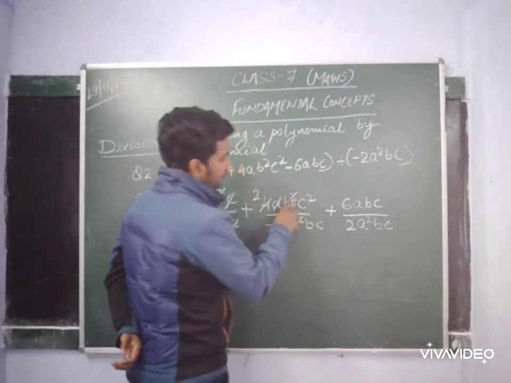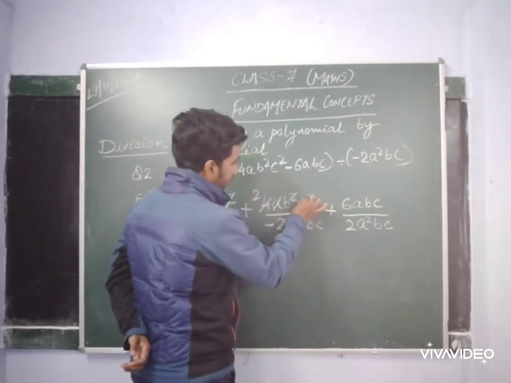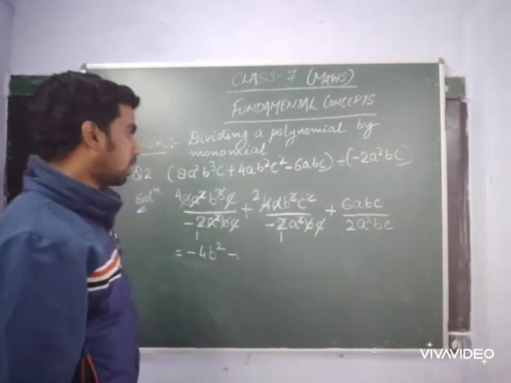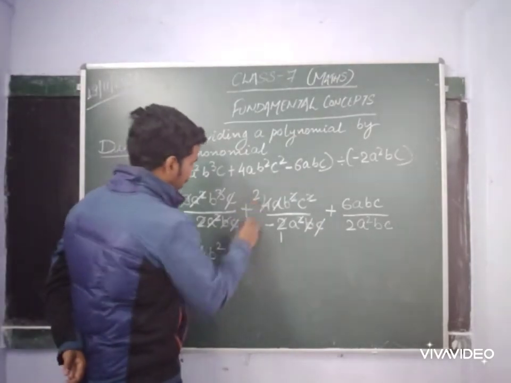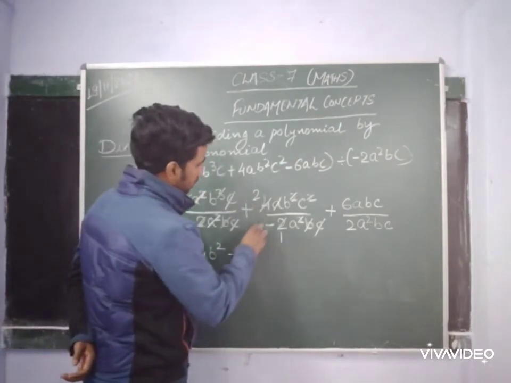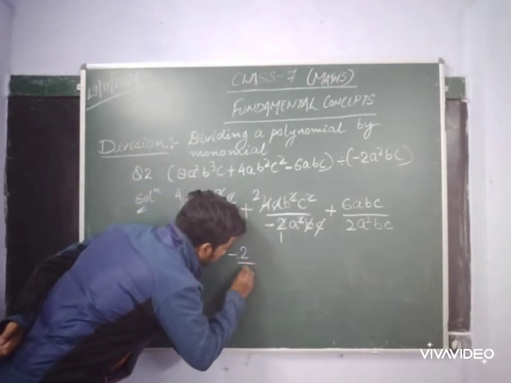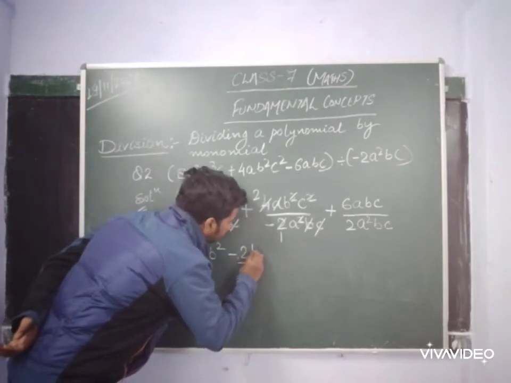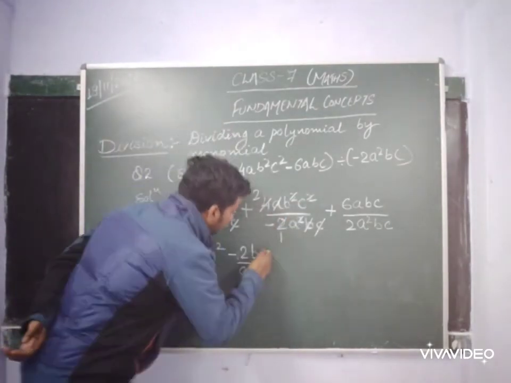Now 1b will be cut from here and b will be cancelled, and 1c will be cut from here and this c will be cancelled from the denominator. So let's see what has been left with us. Minus 2 will be written first, then a in the denominator. Clear? Then b is left in numerator, 1b, then c.